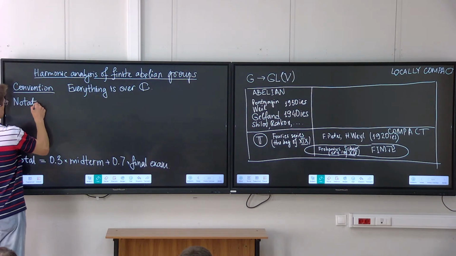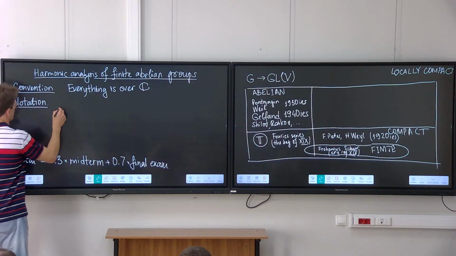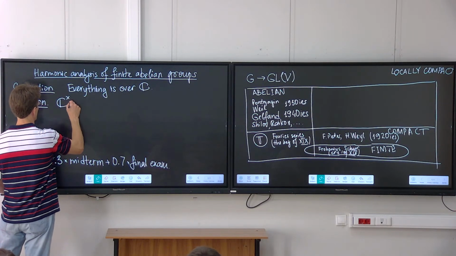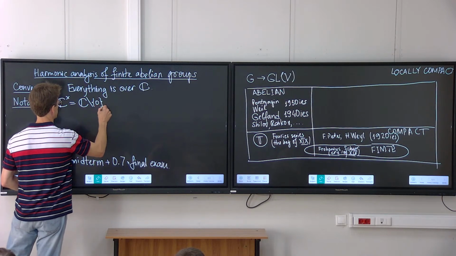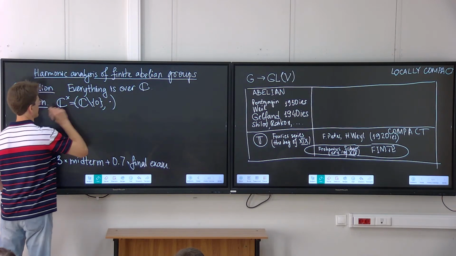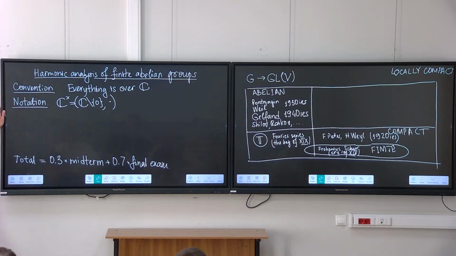Let's now also introduce some notation. The multiplicative group of all non-zero complex numbers will be denoted by C cross. Algebraists like to denote this group by C star, but star is a little bit ambiguous.